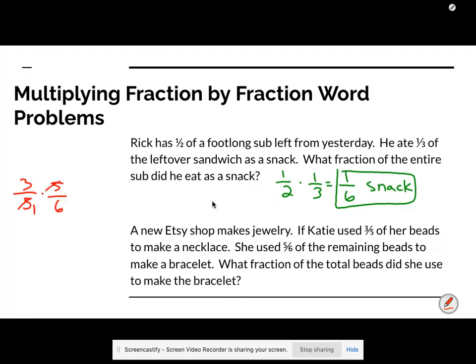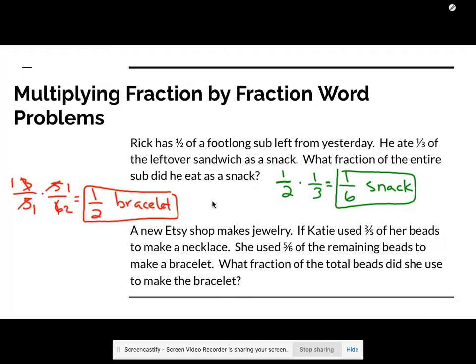Well, 5 goes into 5 one time. 3 goes into 3 once. 3 goes into 6 two times. So 1/2 of the beads were made for a bracelet. And this would be my final answer.